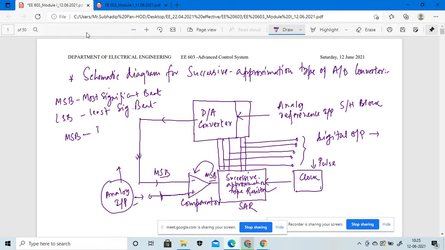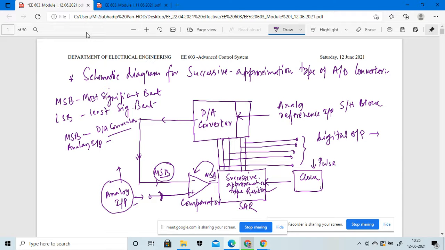The MSB comes from the D2A converter, right? And the analog input comes across this particular comparator. Using this comparator, we have to differentiate these two inputs, and if the analog input is greater than this MSB, then we can say the MSB is in an offset condition.